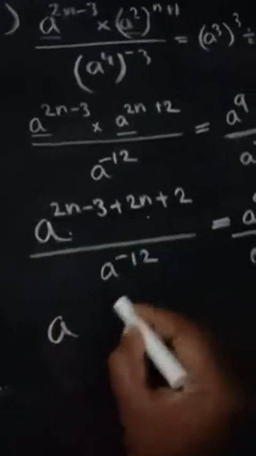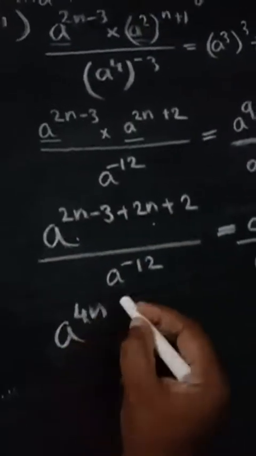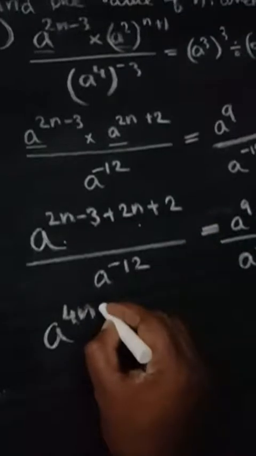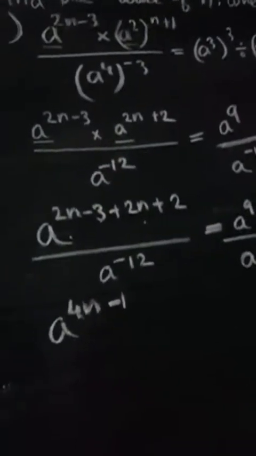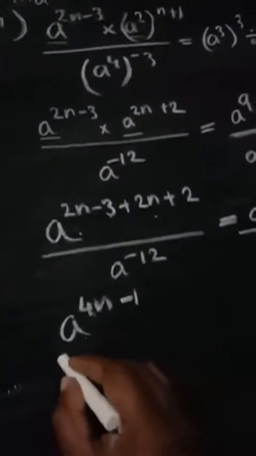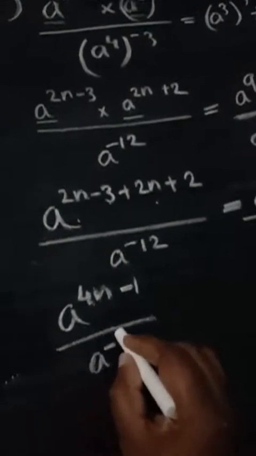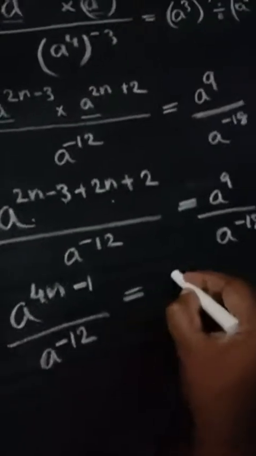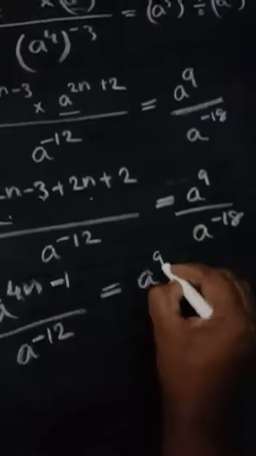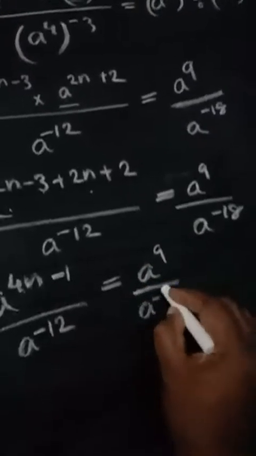What is 2n plus 2n? 4n. Minus 3 plus 2 is minus 1. So a^(4n−1) divided by a^(−12) equal to a⁹ by a^(−18).